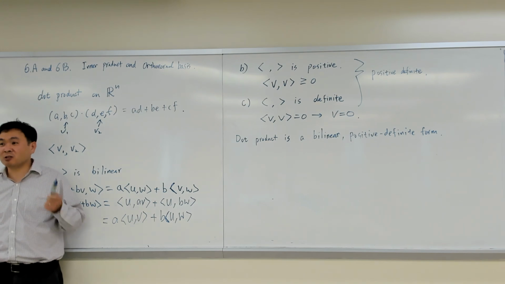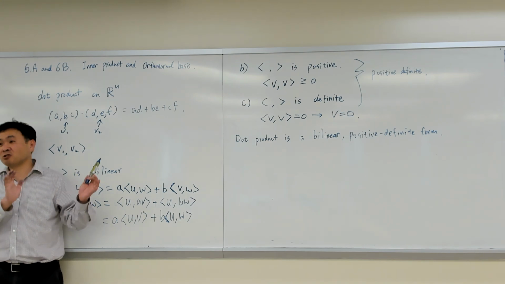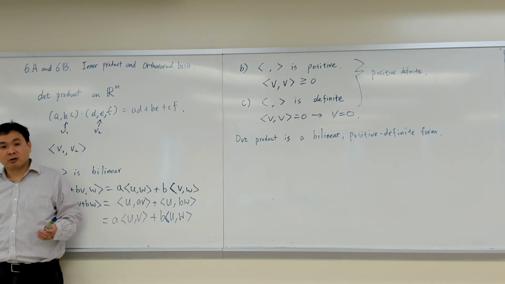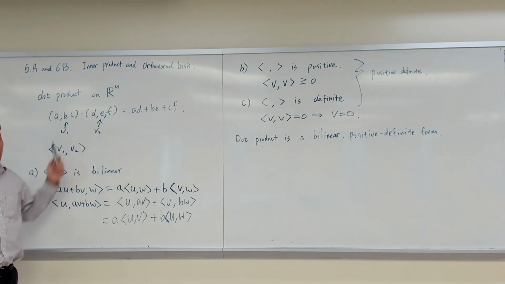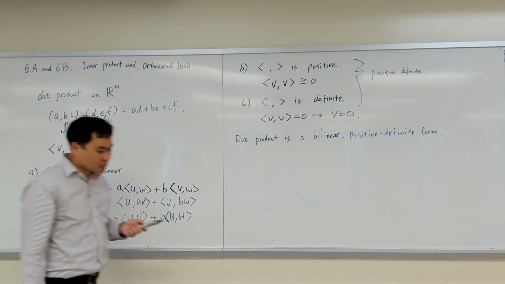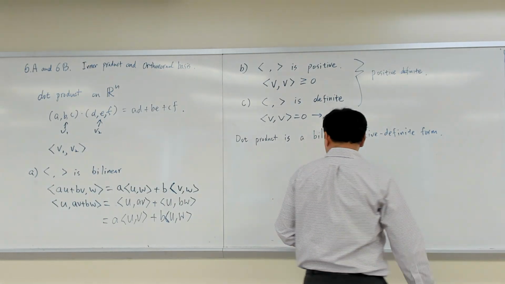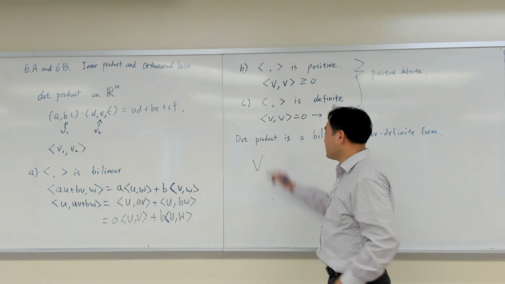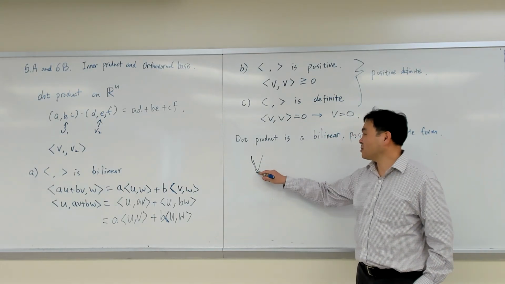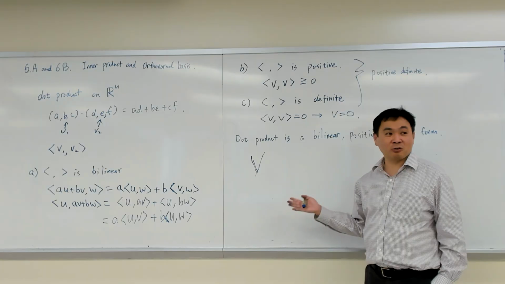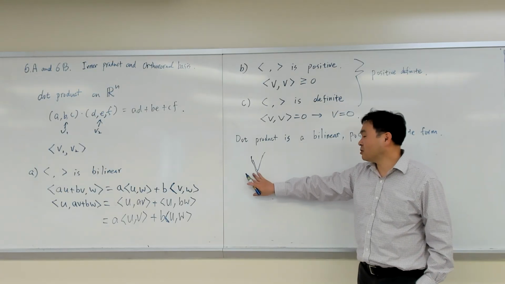Those are E1, E2, E3, the standard unit vectors, right? So over those standard unit vectors, we define dot product like that, but in a generic vector space V, we don't have that luxury, right? This one doesn't have a standard unit vector, so what can you do?